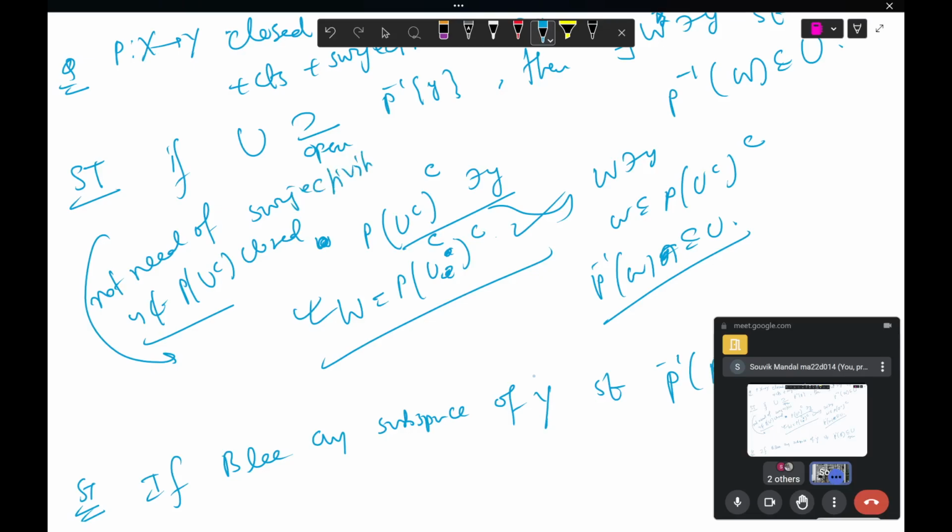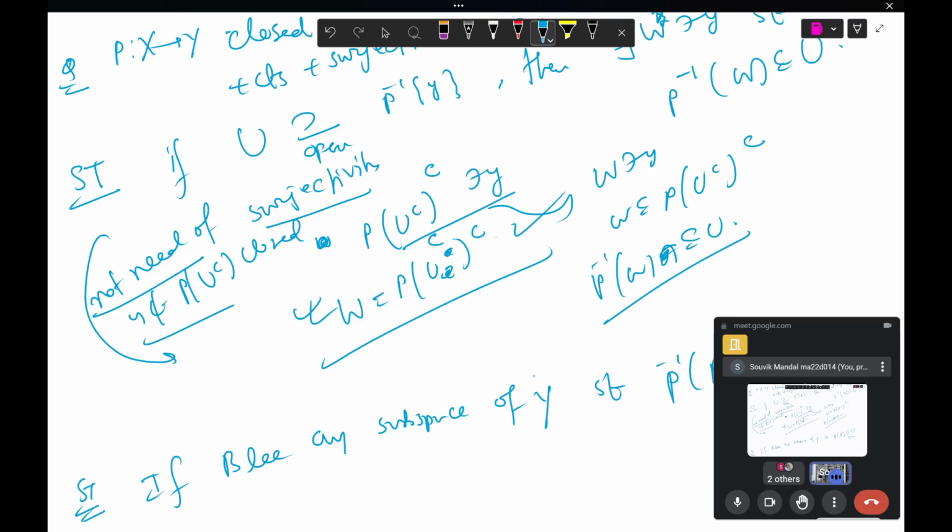Actually, the whole problem is a big problem, so I am giving the problem part by part. That's why in the question itself I put the statement closed, continuous, surjective. But for the first part, we don't need any surjectivity. Only closedness is sufficient. Understand? Okay, sir. Yes, sir.